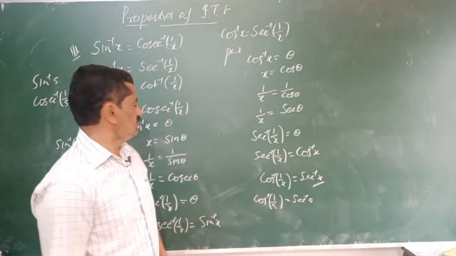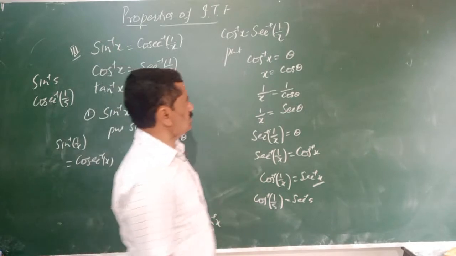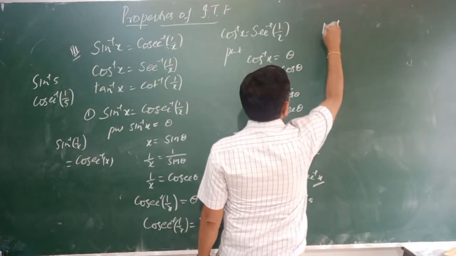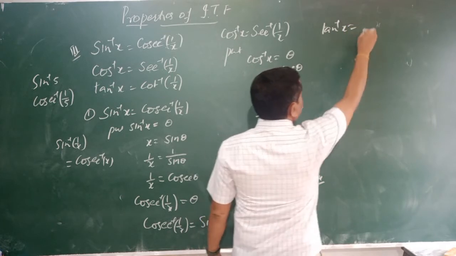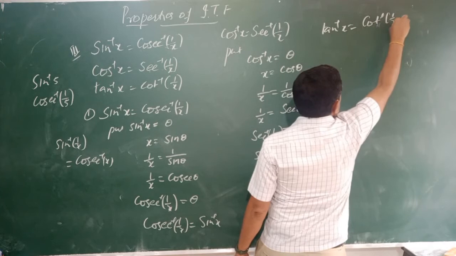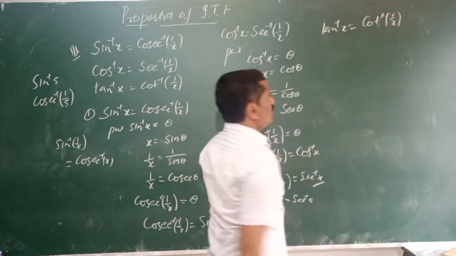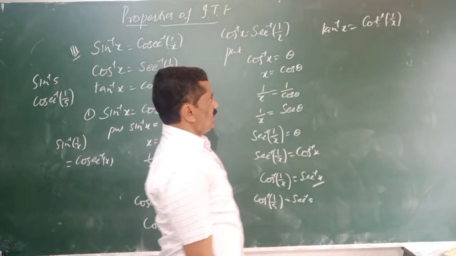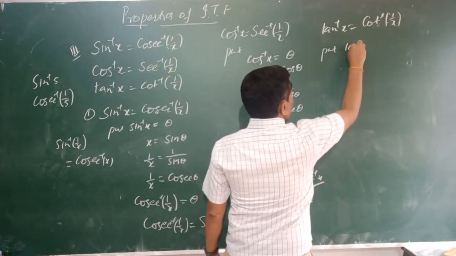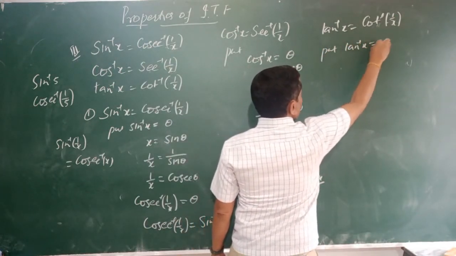Okay, next one we have tan inverse. Tan inverse of x is equal to cot inverse of 1 by x. Again put tan inverse of x is equal to theta.